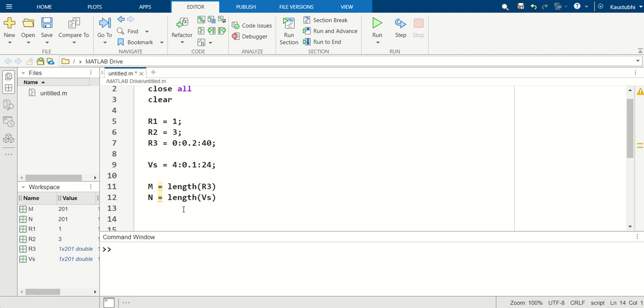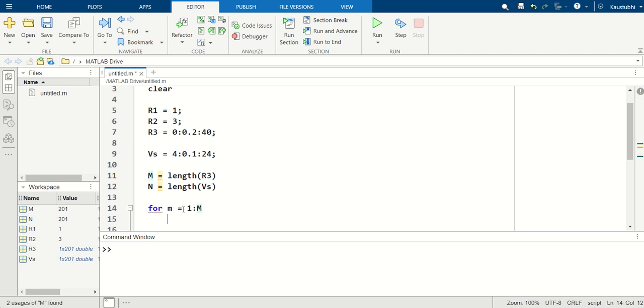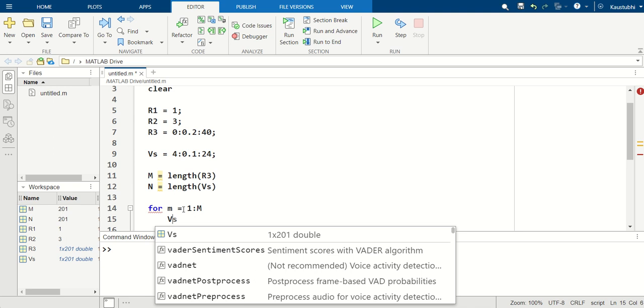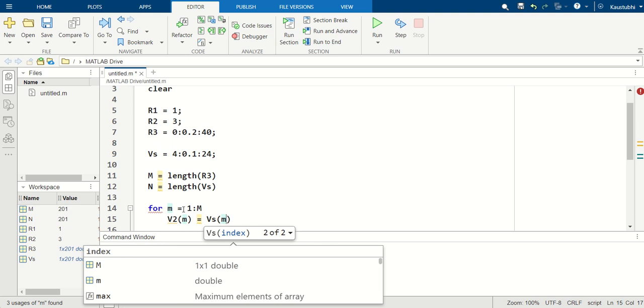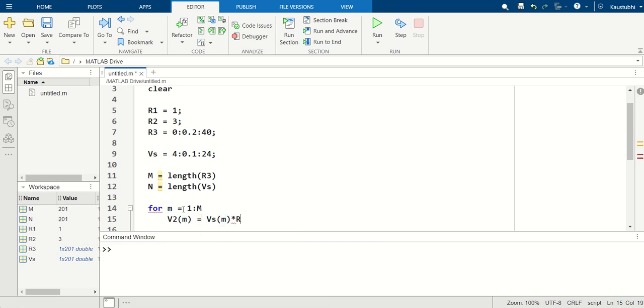Now let us try to do that implementation using a for loop. So for, let's say, small m equal to 1 to M, we are going to vary small m from 1 to M. Now we want to find V2 of the mth value, which is going to be Vs of m multiplied by R2, which is the resistor across which we want to find the voltage.